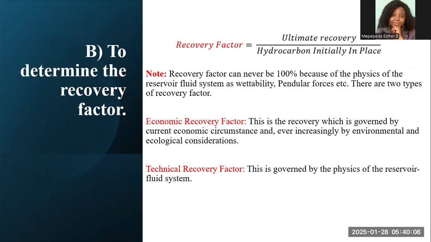One of the times this affected the whole world was during the COVID. That's a very good example for you to understand what economic recovery factor is. At that time, the oil price went down. It was quite low, and because of the effect of COVID, it was not economical for most oil companies to produce, so most wells were shut in at that period.